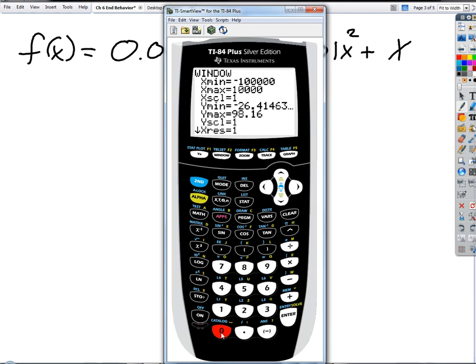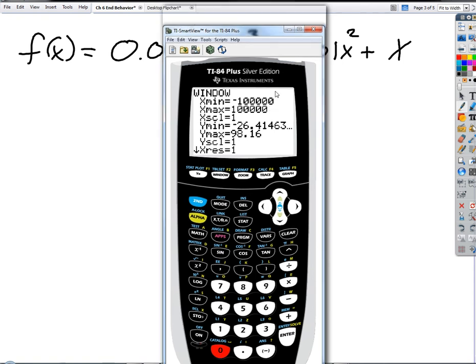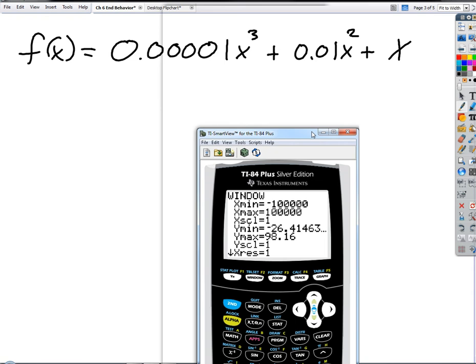Any predictions about which part of this function is going to dominate now? Yeah, the x cubed part. It will for sure, because 10,000 cubed is going to be an immense number. 10,000 squared is pretty big, but 10,000 cubed is how many times bigger than 10,000 squared? 10,000, yeah. It's going to be 10,000 times bigger.